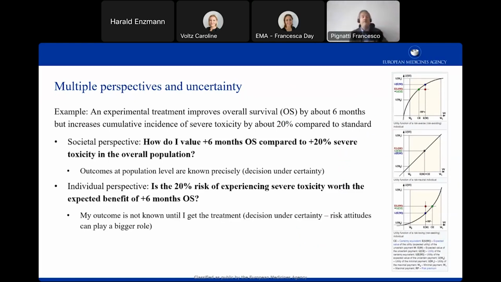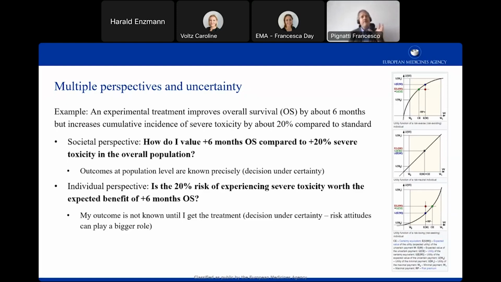You will observe a certain effect in terms of perhaps survival and other effects in terms of toxicity. And you know pretty much exactly what's going to happen, at least to the limit that your trial can predict it. And then you can judge how much you value a certain effect in a population against the side effects.